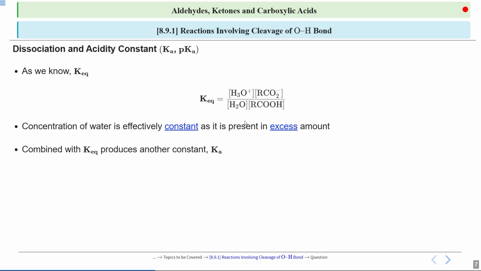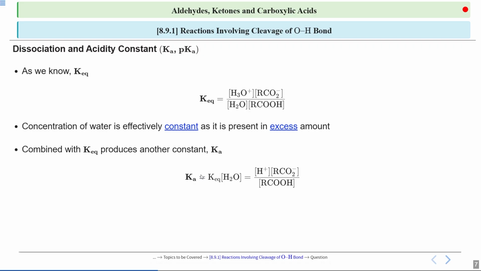When this combines with KEQ, it produces another constant, Ka. That is, when the concentration of H2O combines with another constant, KEQ, it produces Ka. So Ka is equal to KEQ times the concentration of water, and this is equal to the concentration of H+ ions times the concentration of RCO2 minus ions divided by the concentration of carboxylic acid.